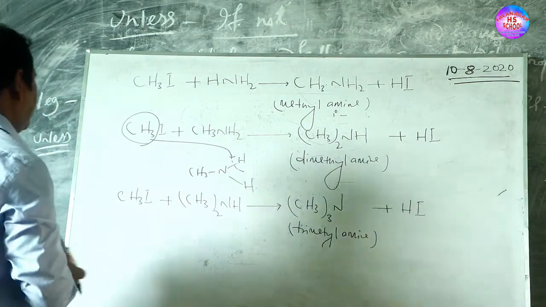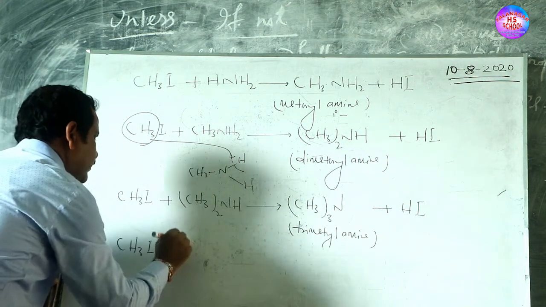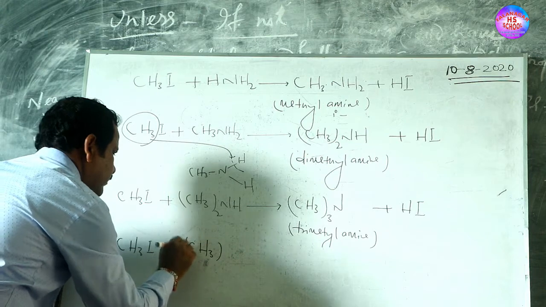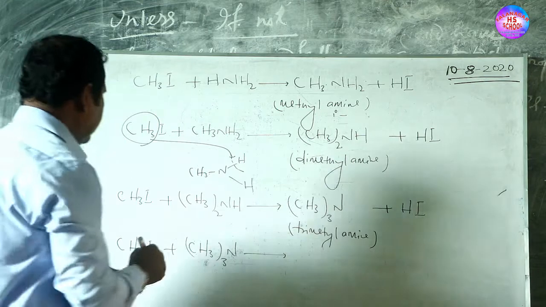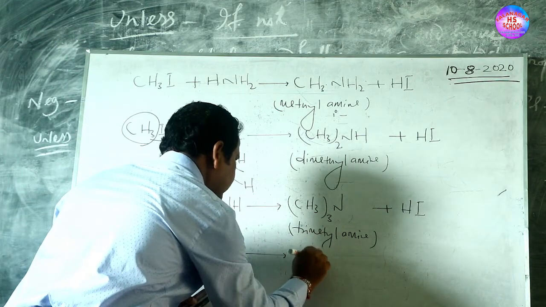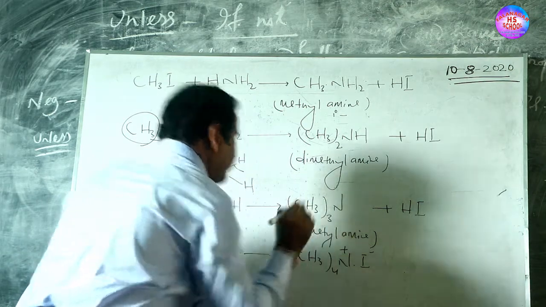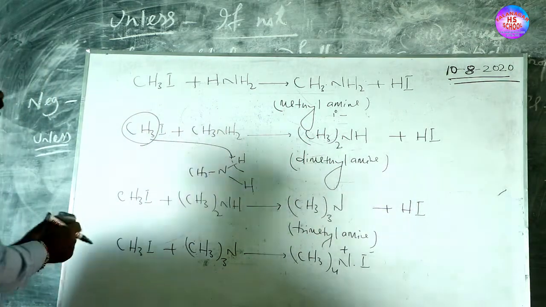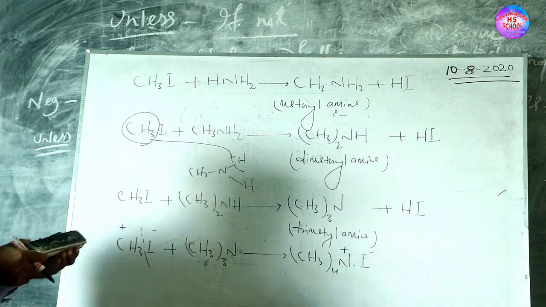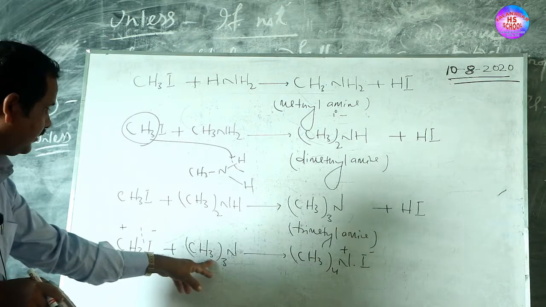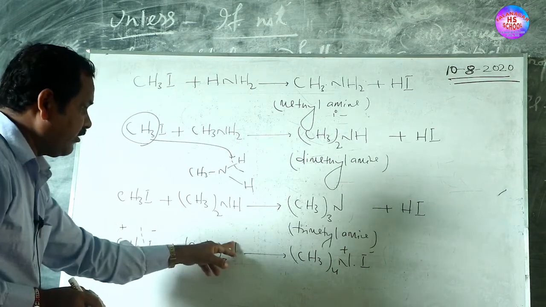The last reaction: methyl iodide reacts with trimethylamine, (CH3)3N, to produce (CH3)4N+ I minus. CH3 plus and iodide minus. So CH3 plus and it is (CH3)3, total (CH3)4, and this positive charge remains on this nitrogen atom.